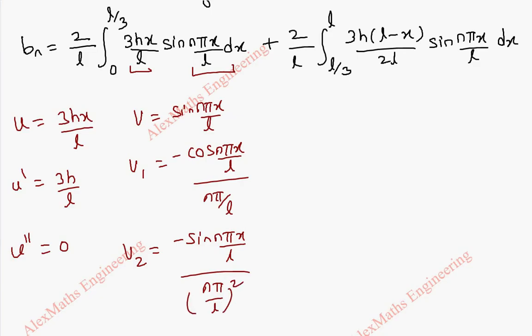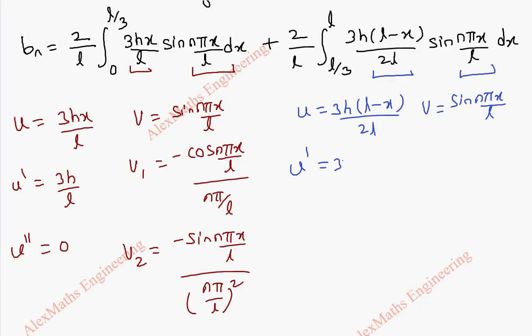In the same way, this entire term is u and this is v. So u is 3h into L minus x by 2L and v is sine n pi x by L. So u dash will be 3h by 2L into minus 1 and u double dash will be, this is totally constant, so 0.